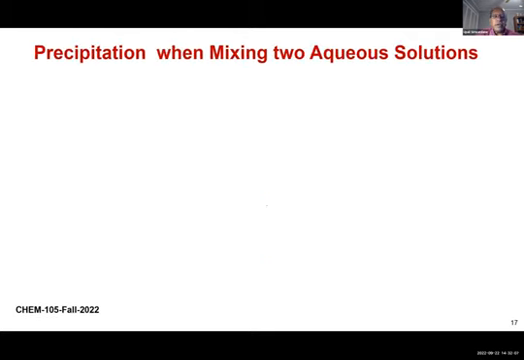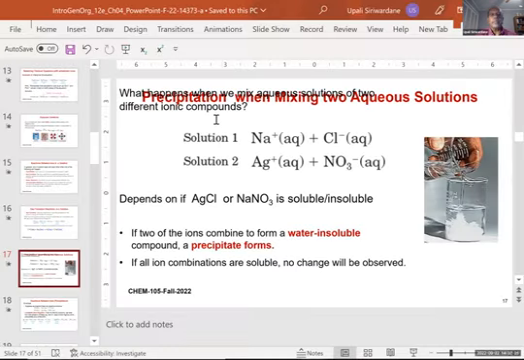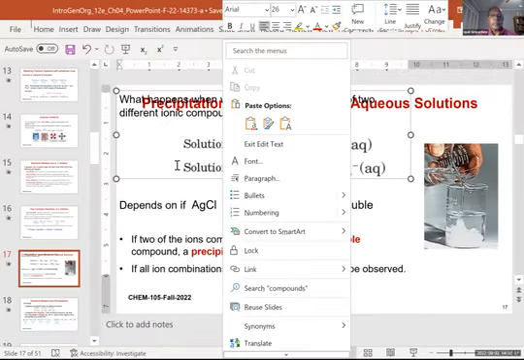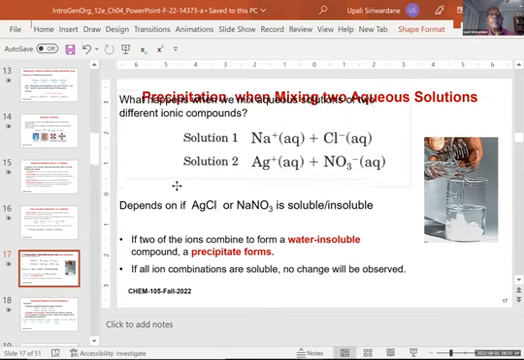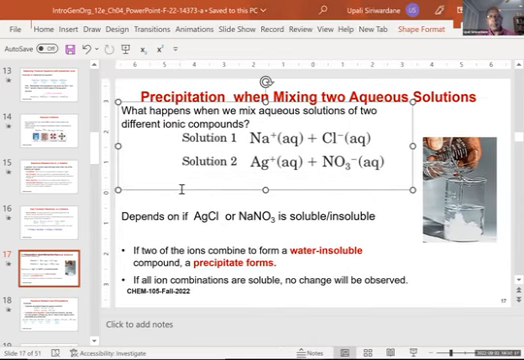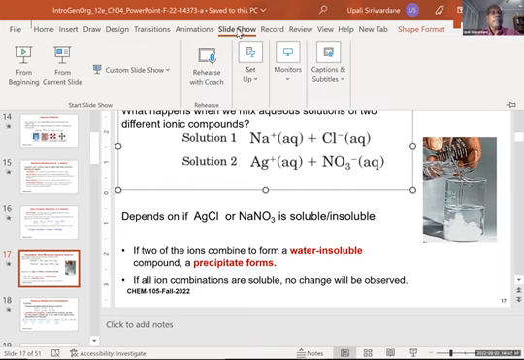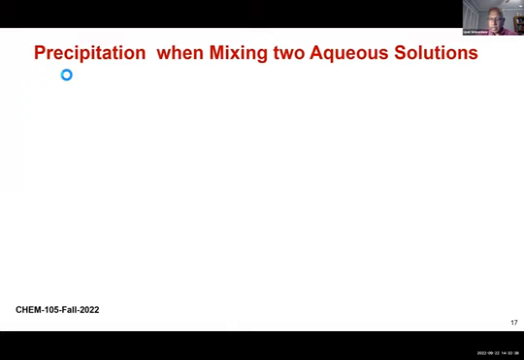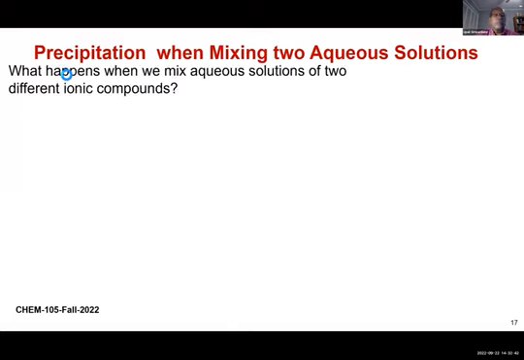So one of the important reactions is precipitation. When mixing two ionic compounds, what happens?